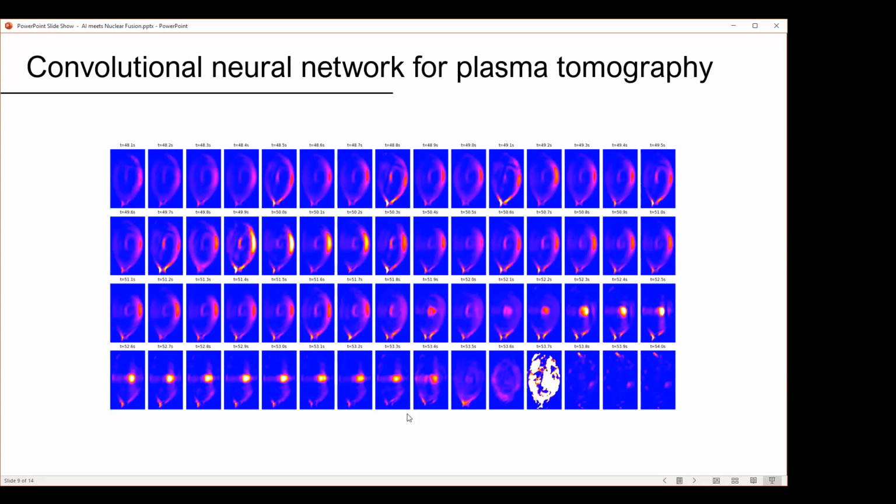People were also aware that in some discharges, there was an accumulation of impurities at the plasma core. These impurities are heavy metals that happen to come into the plasma, and they radiate a lot. So this is why in certain discharges, we observe this core accumulation that leads to this radiation pattern right at the center of the plasma.